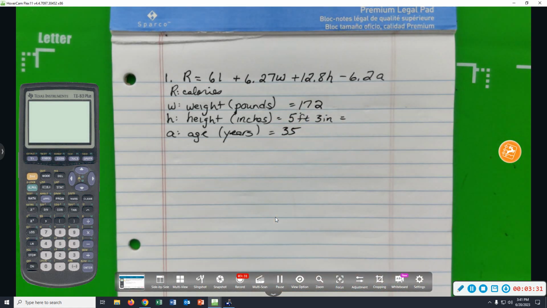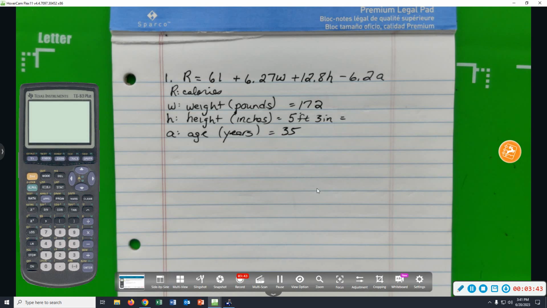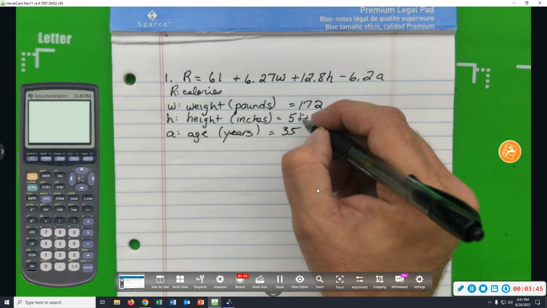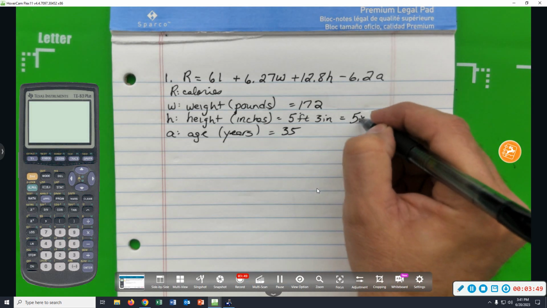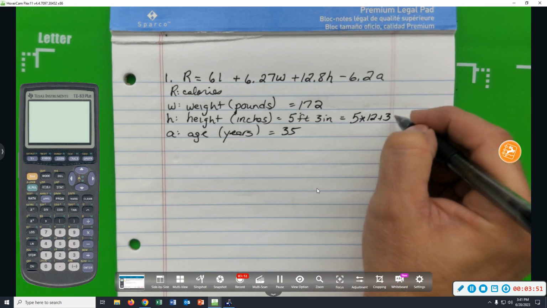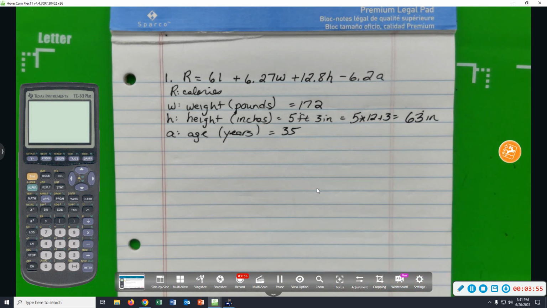But that height is a little problematic because we need it in inches, not 5 feet 3 inches. So I'm going to convert that height to inches. There's 12 inches in each foot, so 5 times 12 plus 3. That's going to be 63 inches that we're working with.